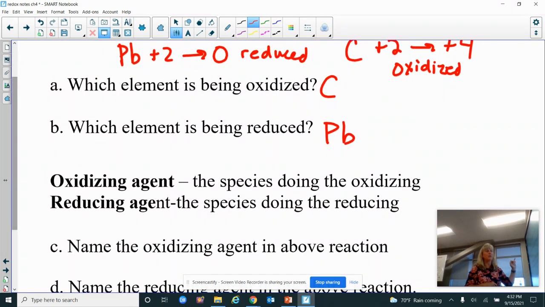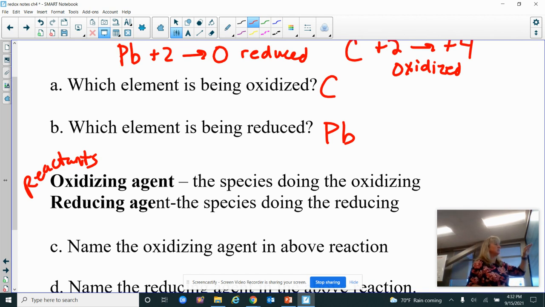Then we have something called oxidizing agent, and that's the species doing the oxidizing, or reducing agent is the species doing the reducing. So these are going to be reactants, and they're going to contain the opposite, basically, of what they're doing.